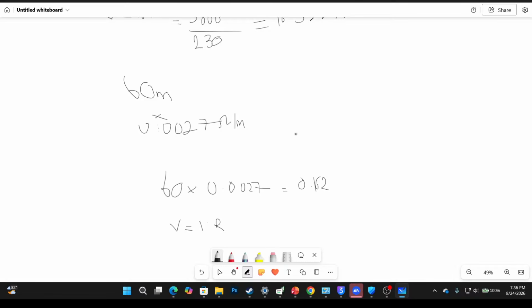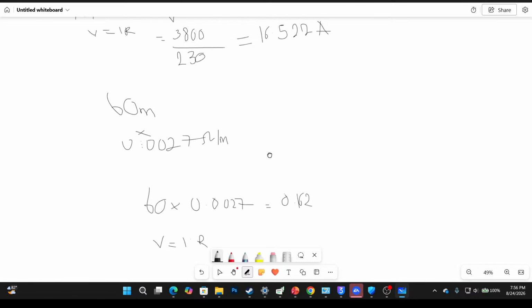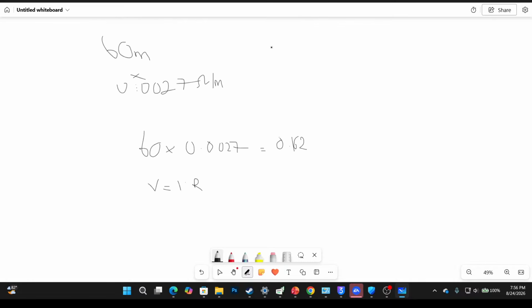We have our total current, which we calculated to be 16.522, times 0.162, which gives us 2.677.